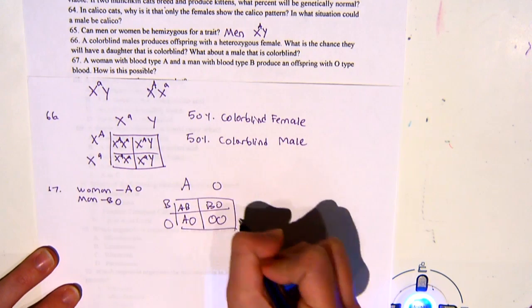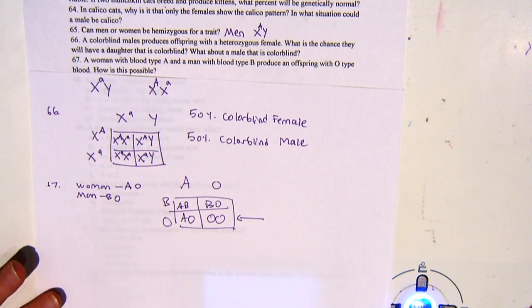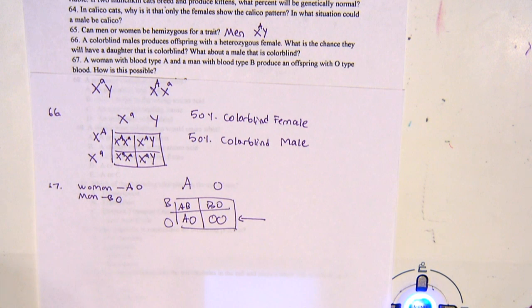And we see that we can indeed make somebody with O type blood in this combination. That's the word I was looking for. So both mom and dad would have to carry the O allele to have an offspring with O type blood.